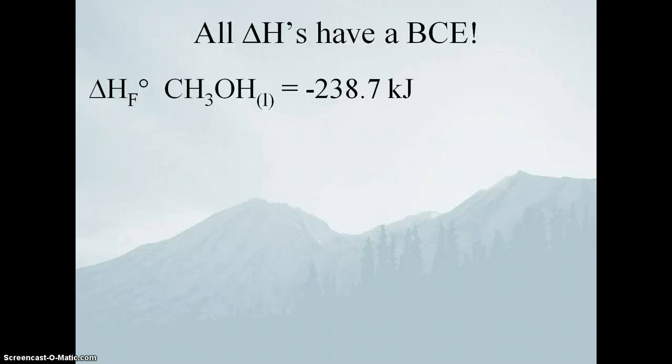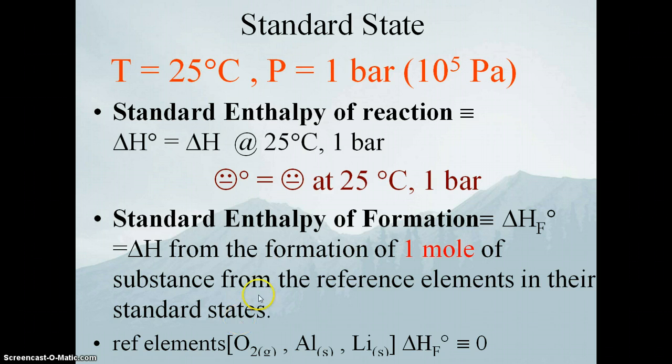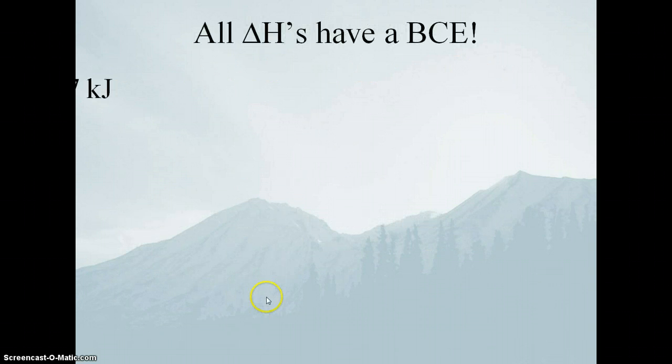All delta H's must have a balanced chemical equation associated with them because it's an extensive property, so it makes a difference how much we have. So we're going to build our balanced chemical equation based solely on this definition: the formation of 1 mole of the substance from the reference elements in their standard states.